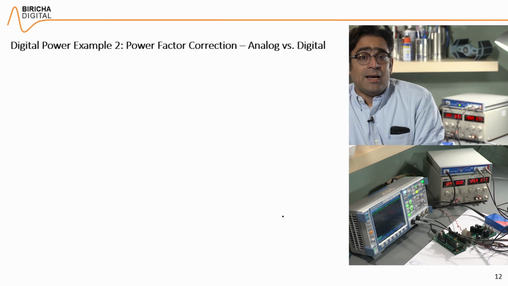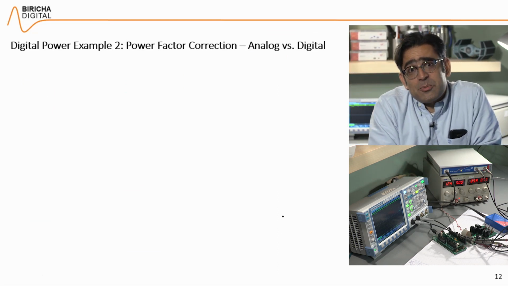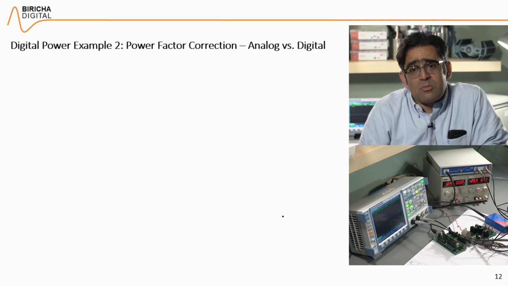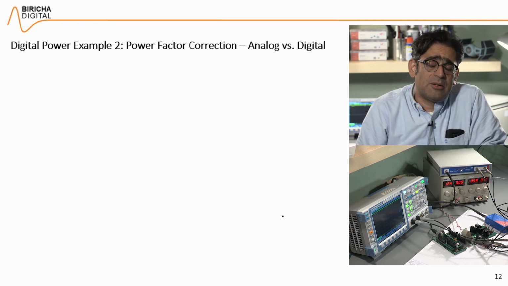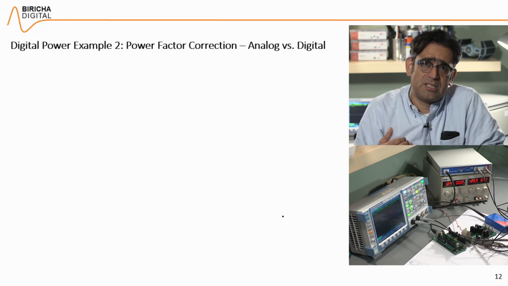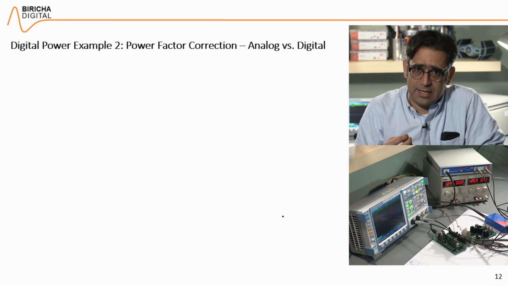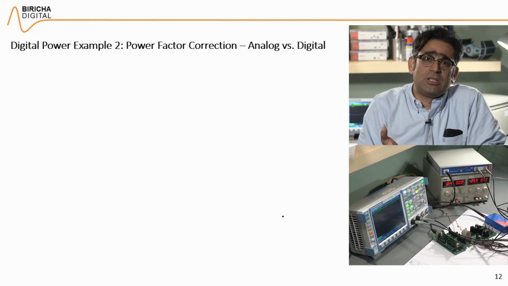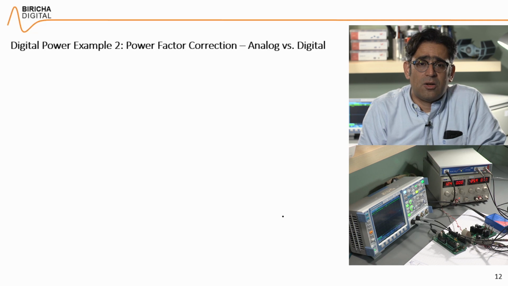Right. That was an example of a DC-DC power supply, so let's talk about another example, which is power factor correction. We're not going to go through the details of the PFC, but PFC is one of those things whereby digital lends itself to it very well. The reason for that is that in PFC, you're actually calculating lots of mathematical equations. And as you can imagine, in digital, that's a lot easier to do than in analog.